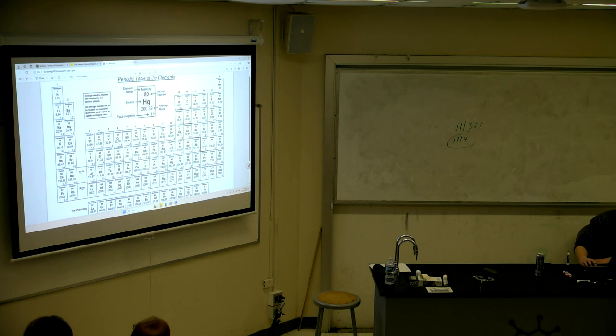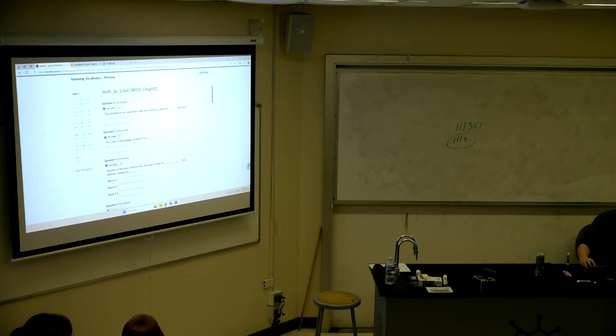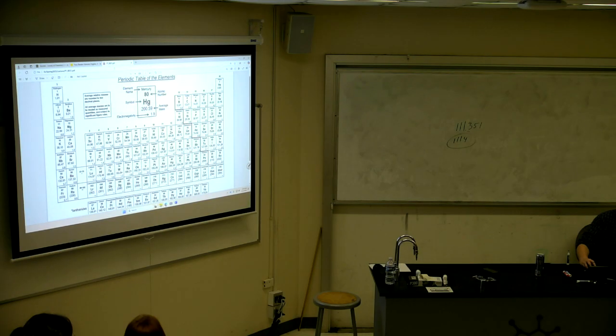You remember what those are called? Alkali metals, and the next one over are called alkaline earth metals. These are the halogens, and these are the noble gases. Textbooks just love those 3. All the groups have names, but they just love to do those 3.